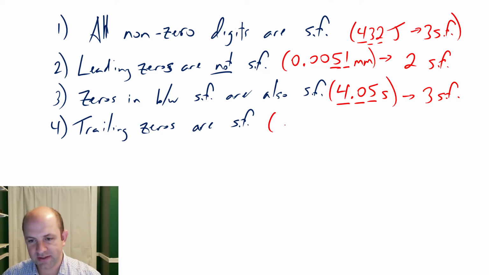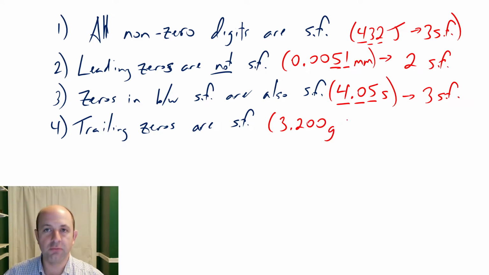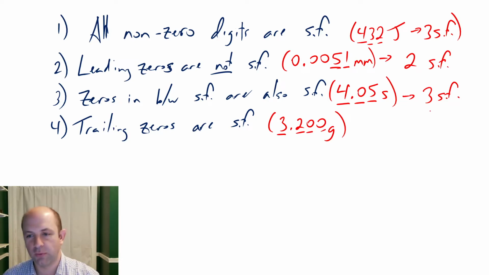And so if we say something like 3.200 grams, that's something that you might get on your balance in lab. Well, those 2 zeros are after the 3 and the 2, which automatically count, and they're after that decimal, so they count as well. So that one would have 4 sig figs.